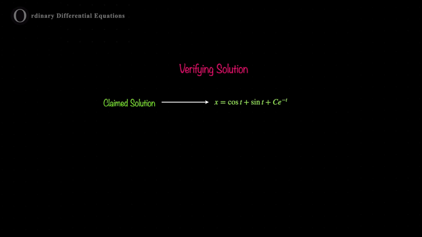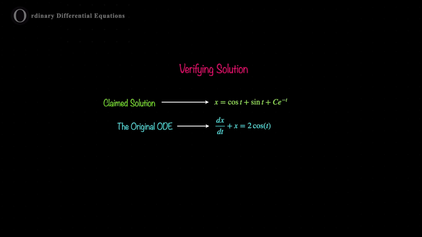Okay, let's work through it together by plugging the claimed solution back into the Newton's law of cooling ODE, which was dx over dt plus x is equal to 2 cosine of t.